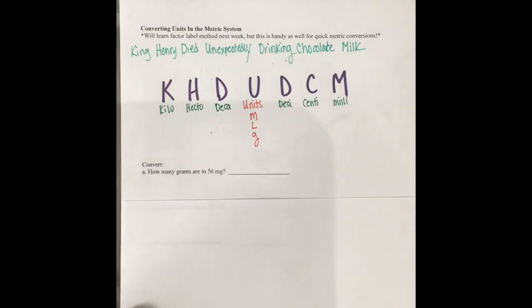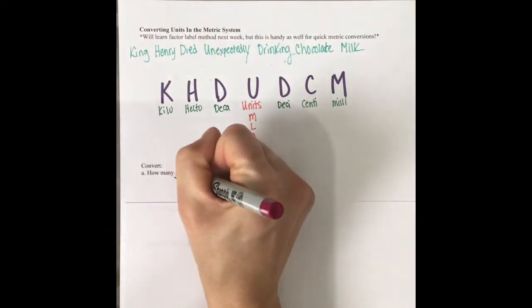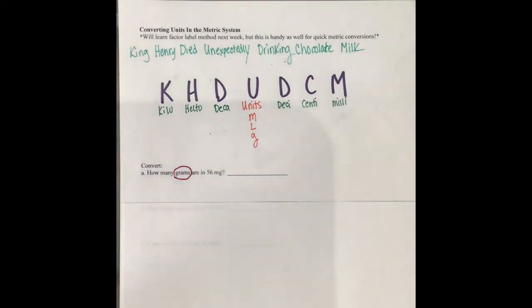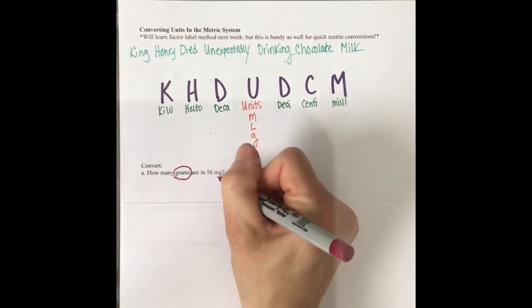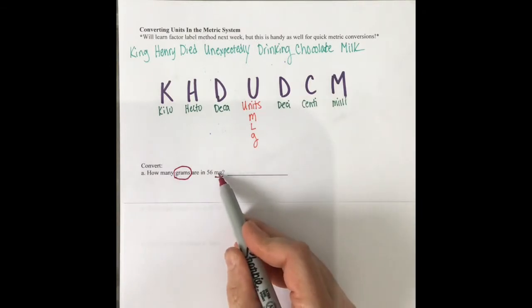Okay, so let's jump into an example and I'll show you how handy this is. How many grams? We want to know grams. How many grams are in 56 milligrams? Okay, 56 milligrams is where I'm starting.